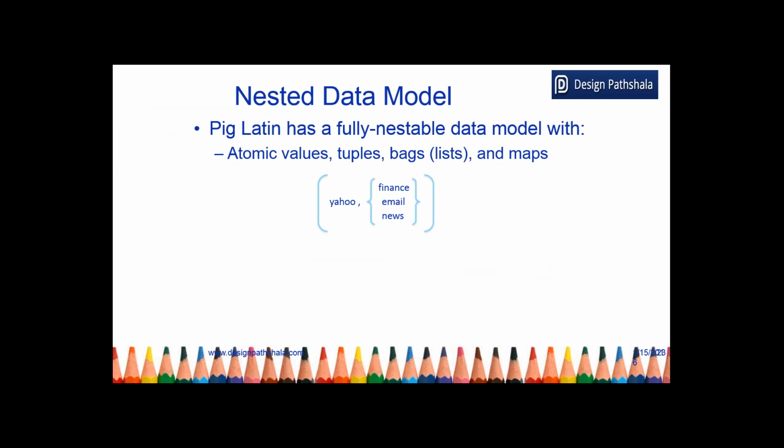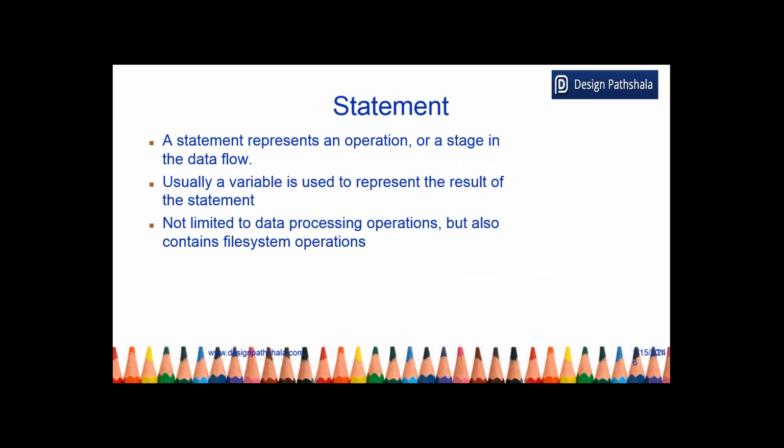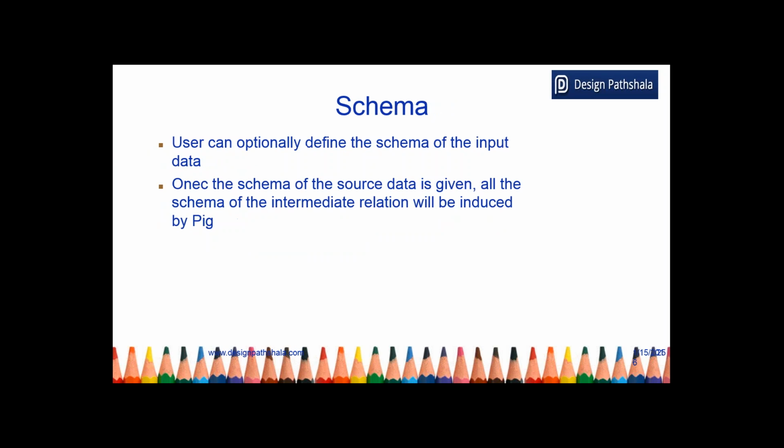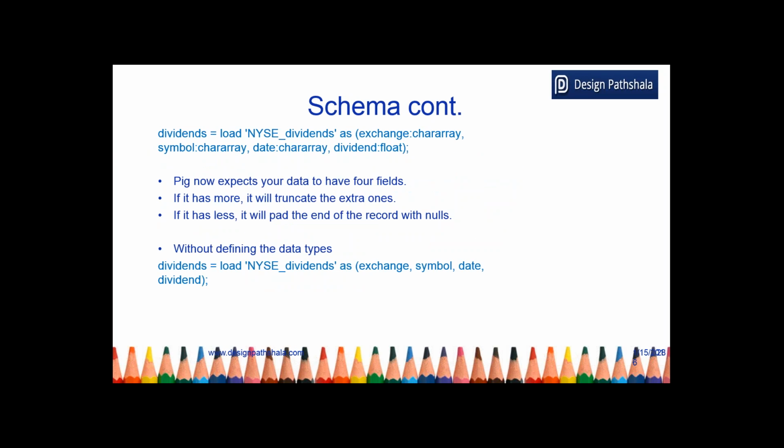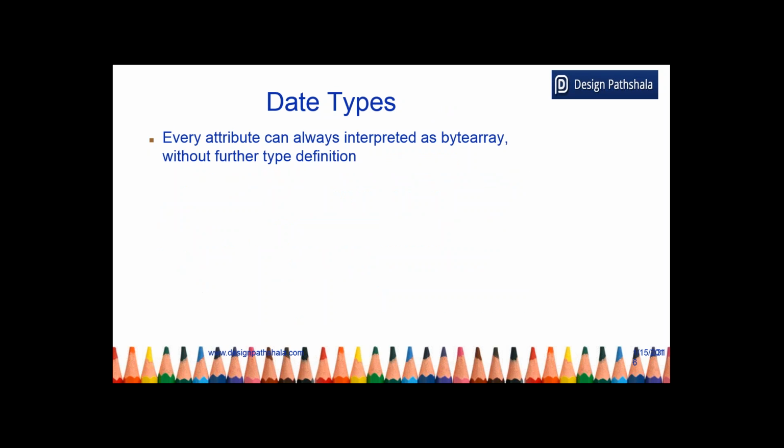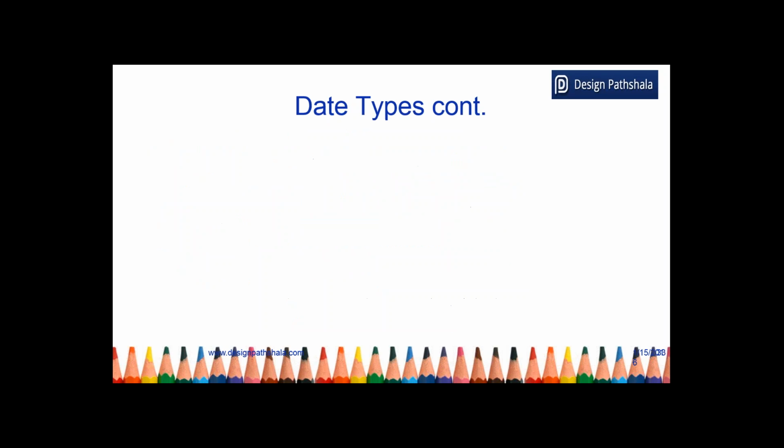I'll show you the tuple and bag in the next few examples in the code part. Okay, so from here we'll look at the detailed syntaxes: different syntaxes, schema, why schema is optional, and then different syntaxes one by one.